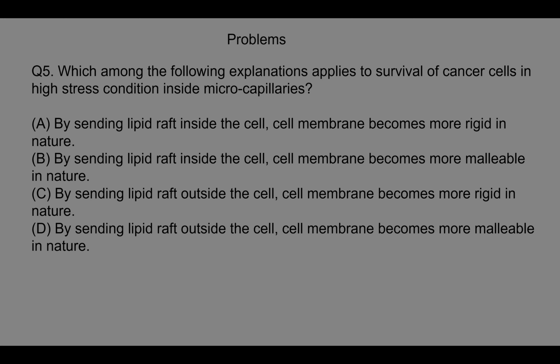By sending lipid raft inside the cell, cell membrane becomes more malleable in nature. C is by sending lipid raft outside the cell, cell membrane becomes more resistant in nature. And option D is mentioned here. By sending lipid raft outside the cell, cell membrane becomes more malleable in nature. So the option number B is correct here.